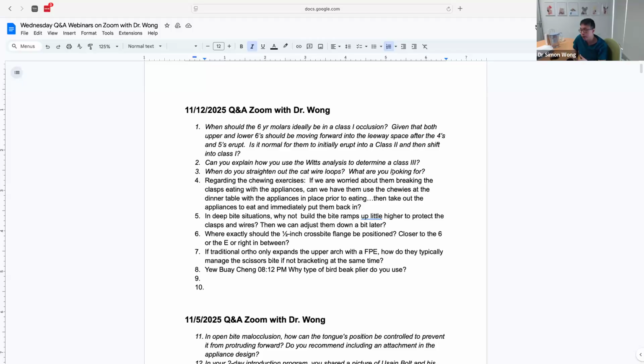Sorry, the good side shifting into scissors bite, whereas the crossbite side remains the same.